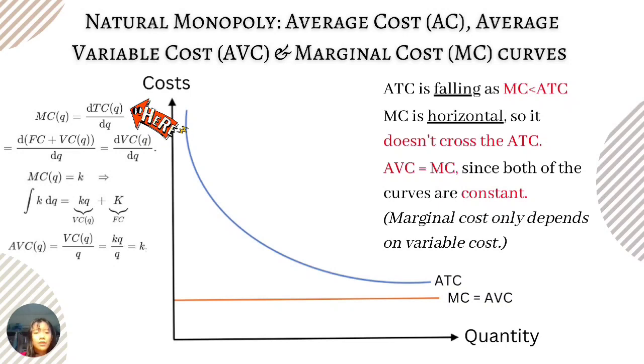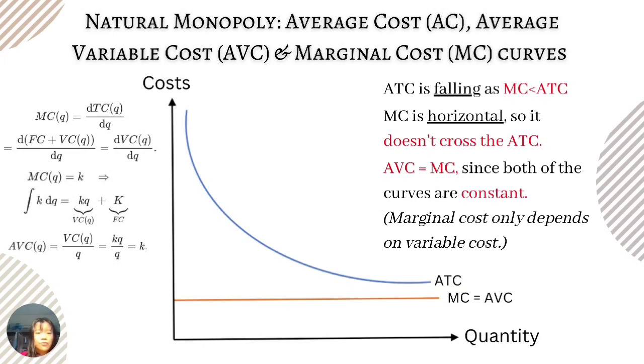Here are the explanations to support this. Firstly, we know that the marginal cost function is the change in total cost divided by the change in quantity. And total cost is fixed cost plus variable cost, and the fixed cost does not change despite changes in quantity.